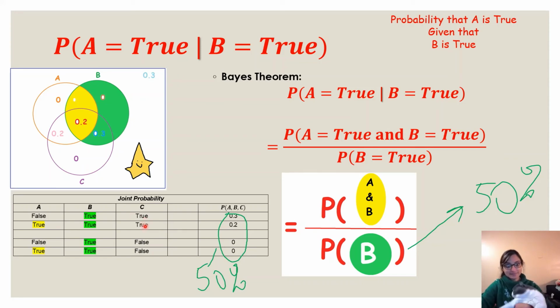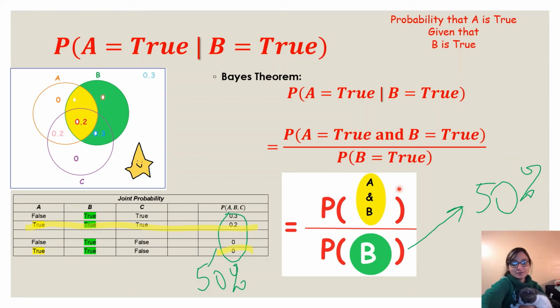So we can look at A being true, B being true, and C being true, or A being true, B being true, and C being false. And then we just add those up. When we take this probability plus this probability here, this becomes equal to 0.2 plus 0, which is just 0.2.